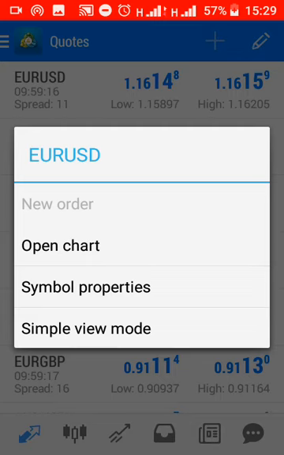It's your choice. No one will say that you have to view it in this way. You are the one to select, because this is your money, and when you are making your pips, then you can pay your bills, right? So let's see then how you can see the chart.